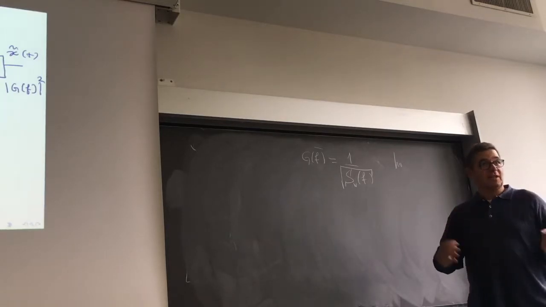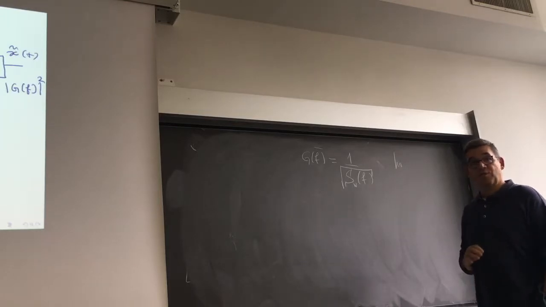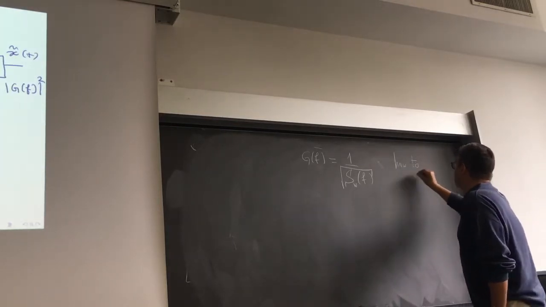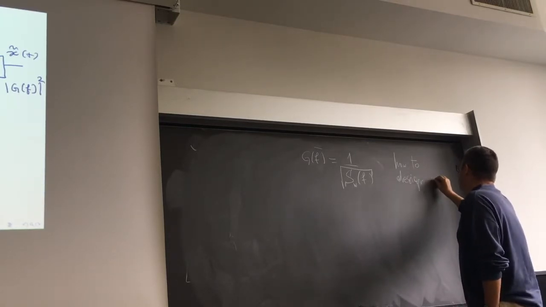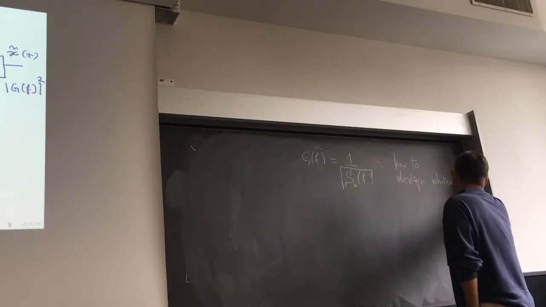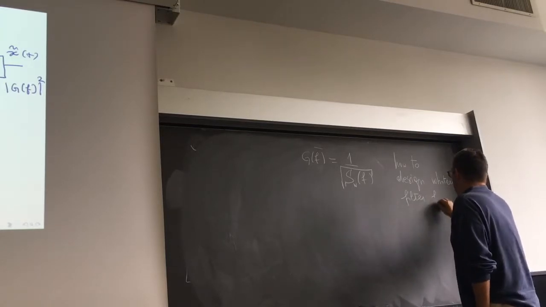I don't want to write xn and so on. So assume that you have everything in discrete time. How do you design a whitening filter for discrete time?